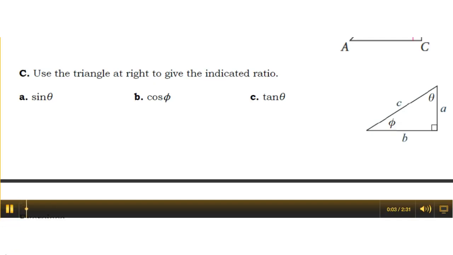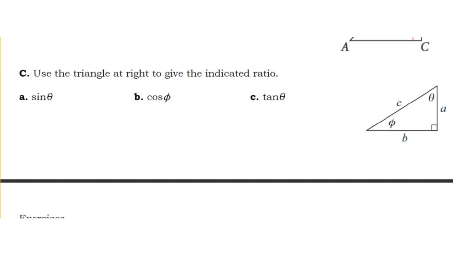Continuing section 1, right triangle trigonometry. The last example says use the triangle at right to give the indicated ratio. We want the sine of theta. Using this triangle, if we locate our theta, I want to label the three sides of the triangle. So from the right angle, here is H for hypotenuse. From theta, here is O for opposite.